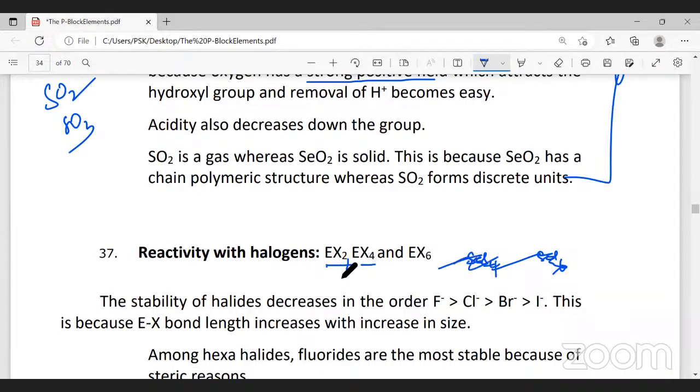We can take any other halogen. The stability of halides decreases in the order F minus is greater than Cl minus, which is greater than Br minus, which is greater than I minus, because as the size increases, the stability decreases and the bond dissociation energy decreases.